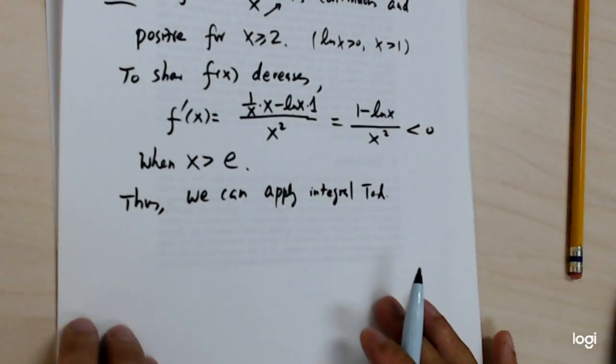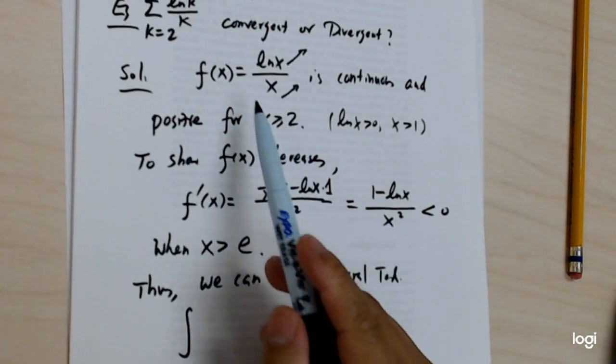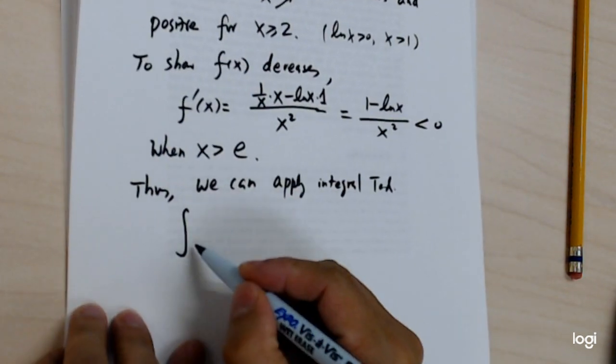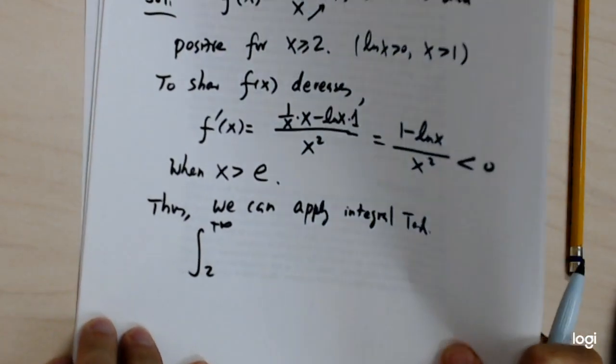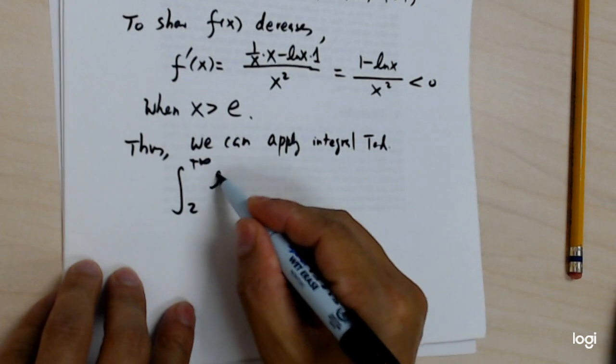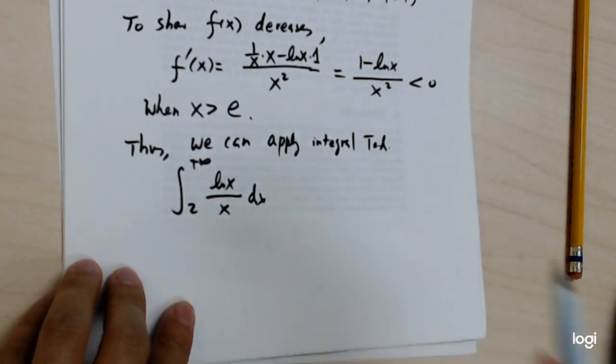To actually apply the integral test, I have to integrate the original series from 2 to infinity. So I will integrate from 2 to infinity the function ln x over x.